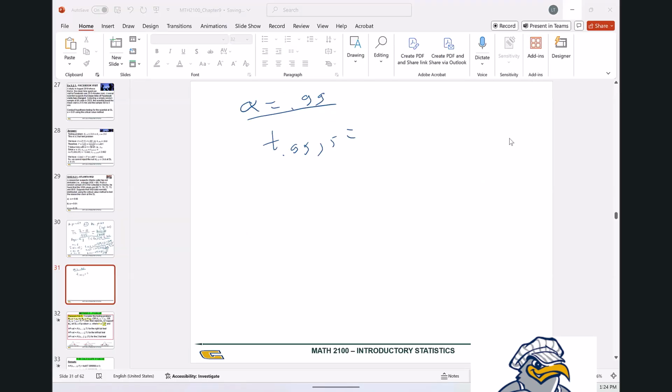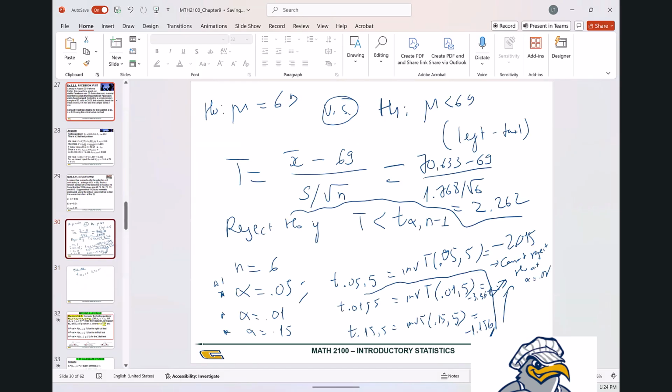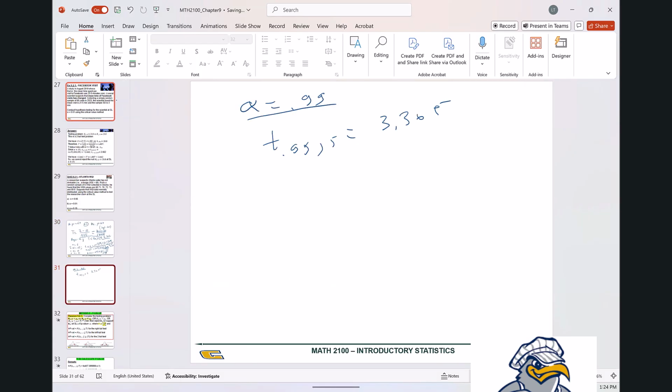At that point you can see that our T, which is 2.262, is less than this value for sure. And basically you can reject the H naught at the 99% significance level.